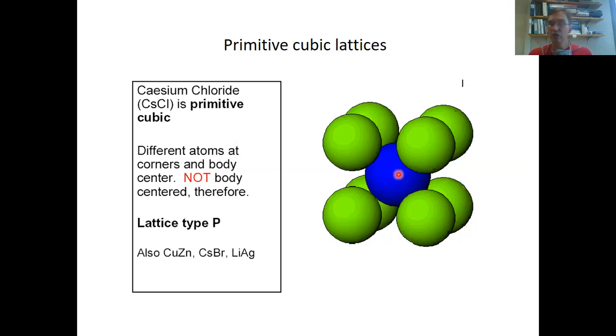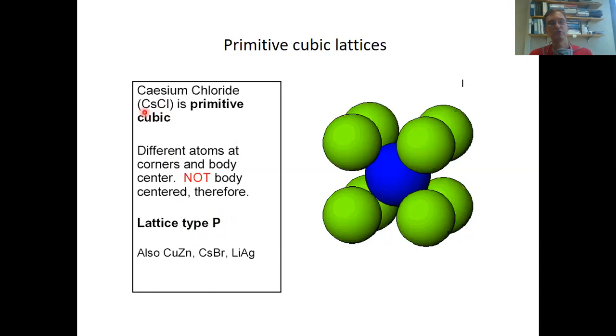Of course, this is not the case if in the center of the unit cell there's a different atom, like in this case here, the cesium. So for that reason, such a structure is not a body-centered structure, but it's actually a primitive structure. This is an important point to keep in mind.